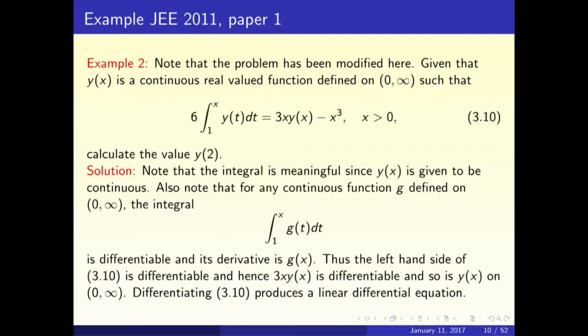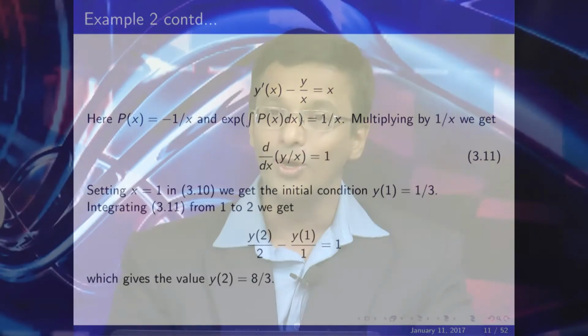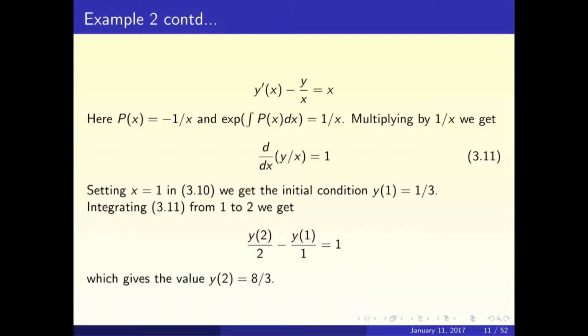You will differentiate 3x y(x) using the product rule, and you will differentiate the x cube term. What happens? You get a differential equation. Notice I told you that out of 3.10, you are going to produce a differential equation, and here it is, y prime of x minus y upon x equals x.